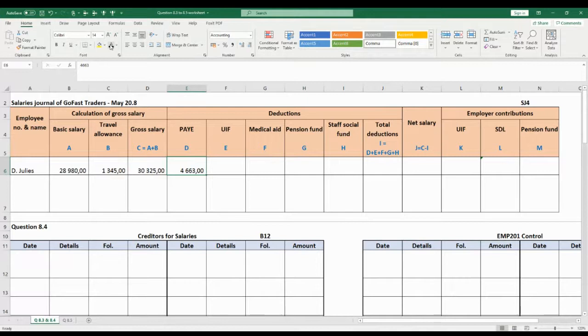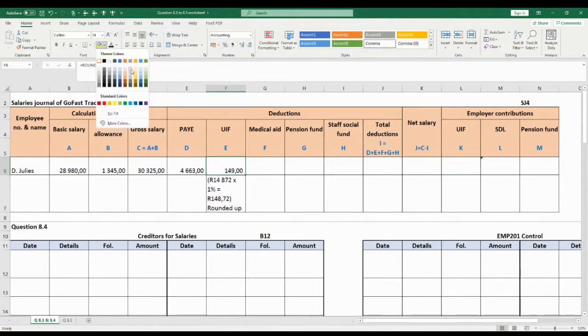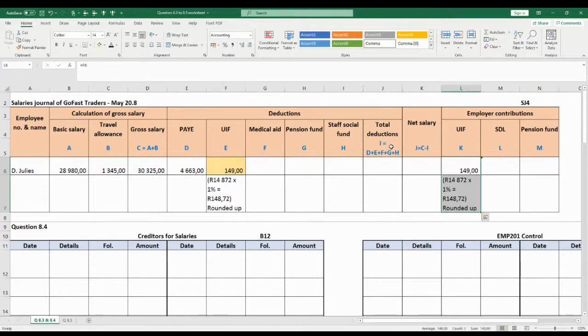Okay, so Tomelo says we take the 14,872, which was the UIF remuneration, and we multiply it by 1%. And that is correct. Because we had to round it up, we round it up to 149. Now, what I want to show you here is there's the 149. I said whatever they deduct from our salary, our employer would contribute exactly the same.